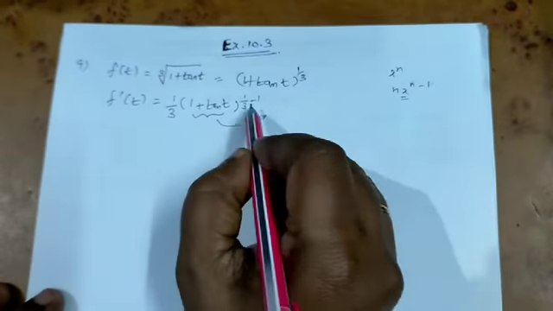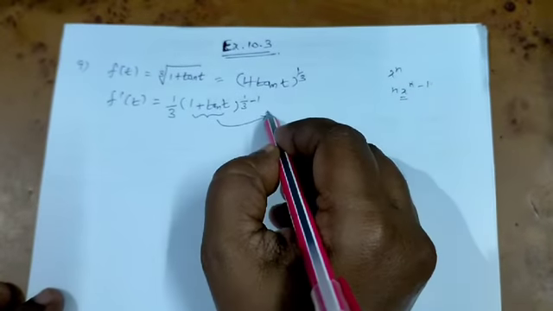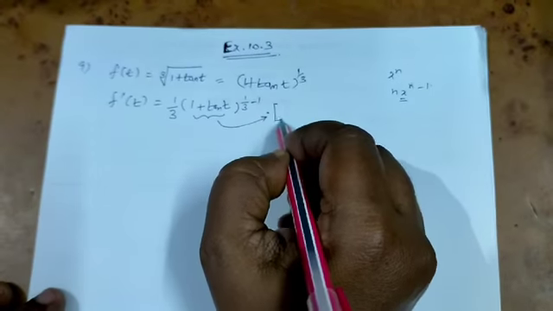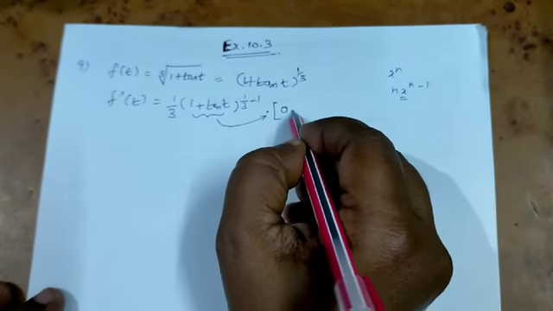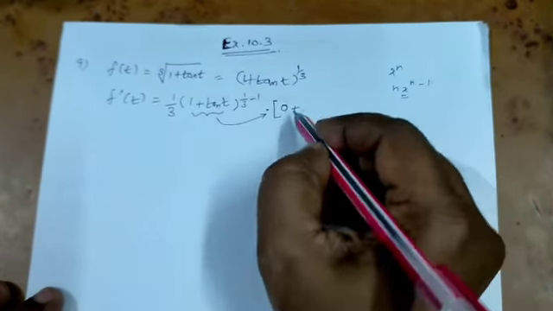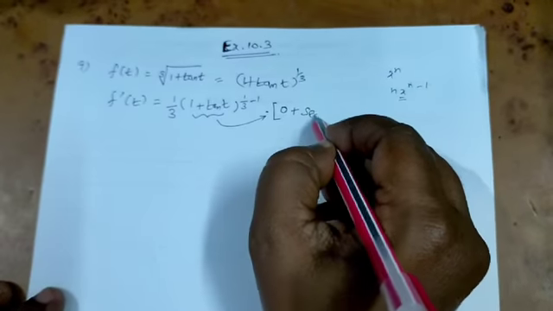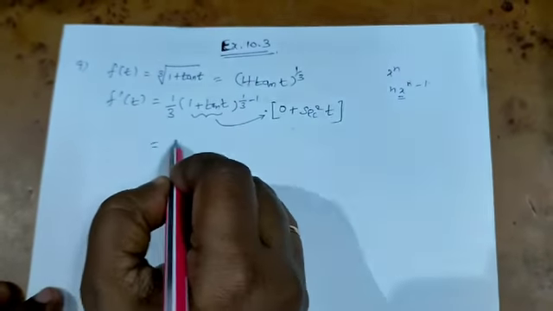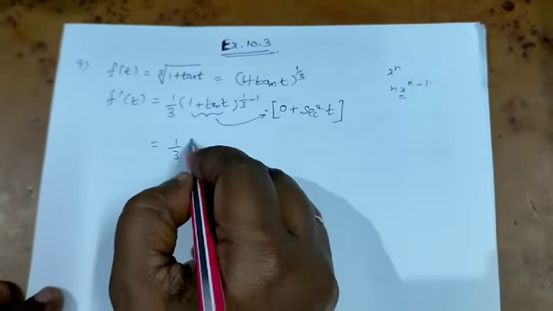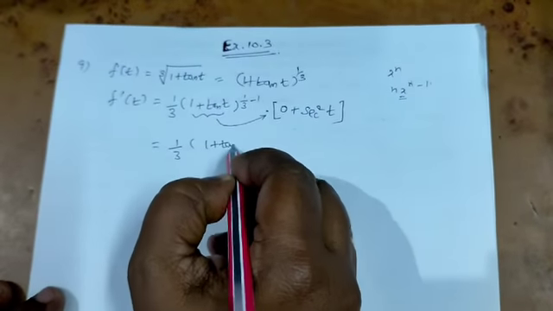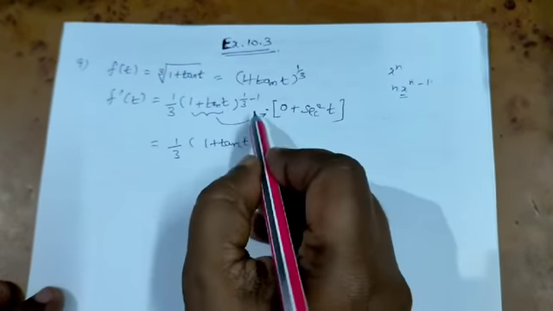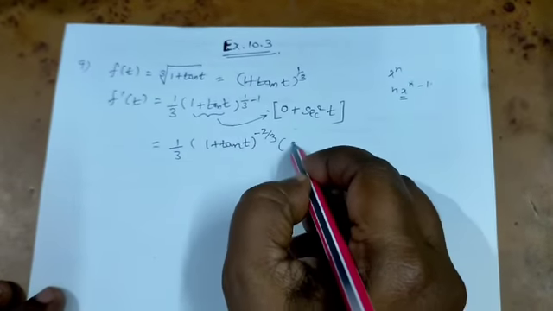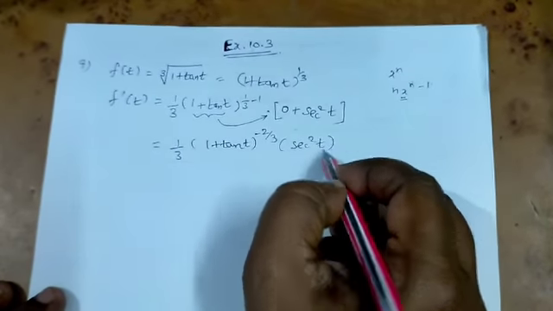Continuing with the chain rule, differentiation of 1 is 0 plus differentiation of tan t is secant square t. Now 1 by 3 as it is, (1 plus tan t) whole power, take LCM, minus 2 by 3, into secant square t.